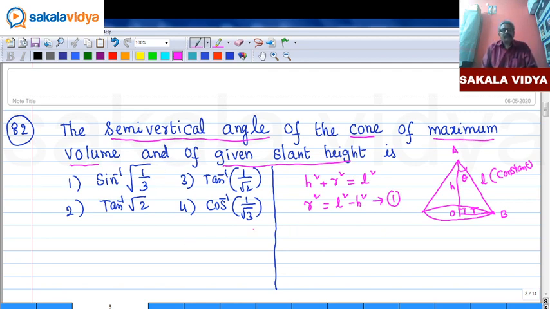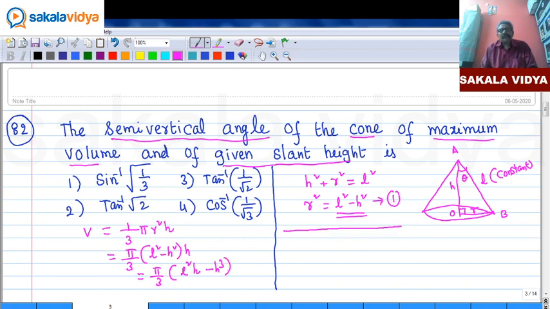Volume of the cone is given by 1/3 pi r square h. Substituting r square: pi by 3 into (L square minus h square) into h. Pi by 3 is constant, keep it like this. This equals pi by 3 into (L square h minus h cube).